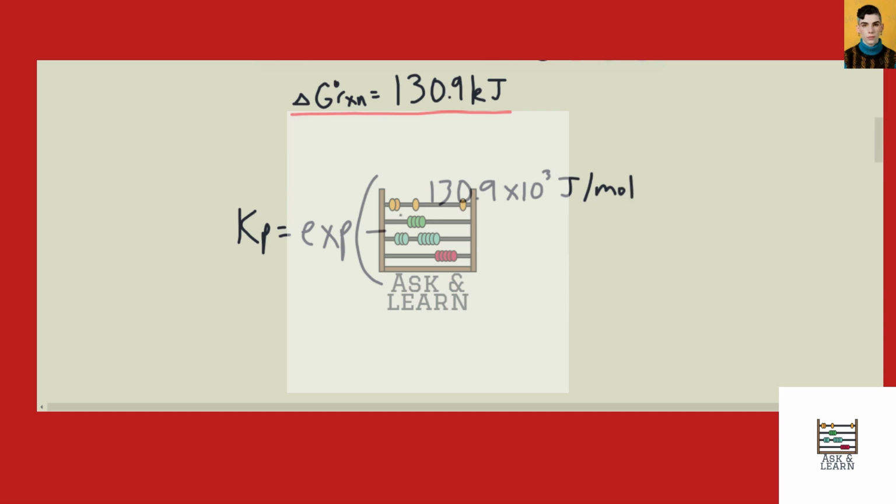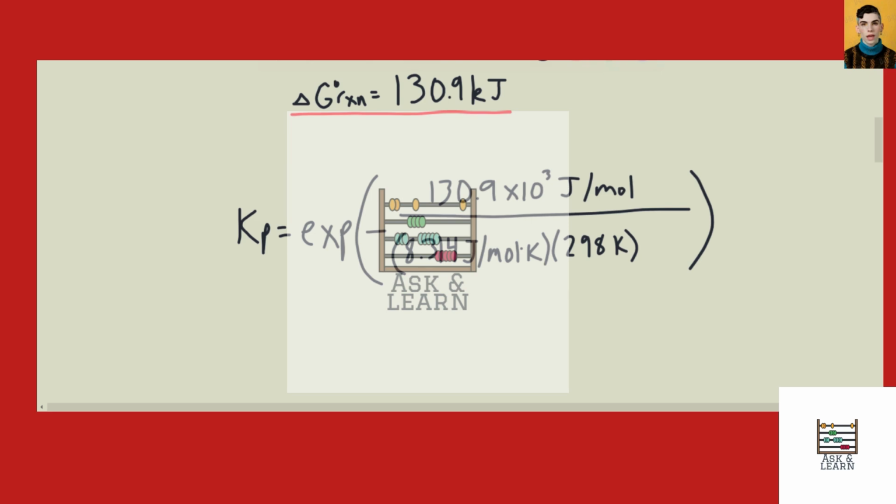Then we divide this by R, the constant 8.314 joules per mole times Kelvin. And then we multiply that by the temperature, which we are told is 298 Kelvin.